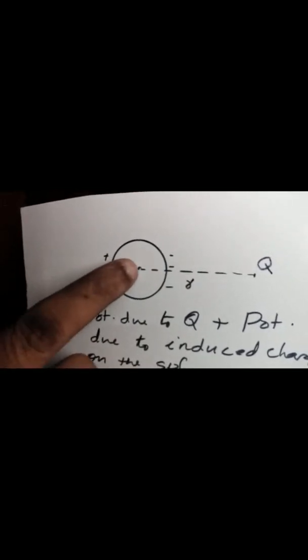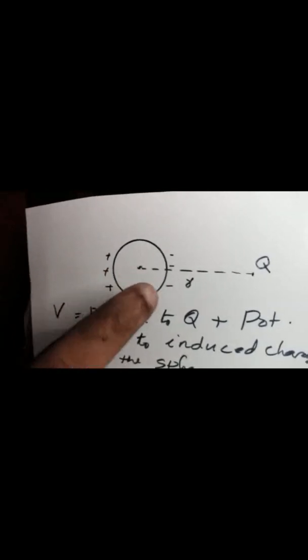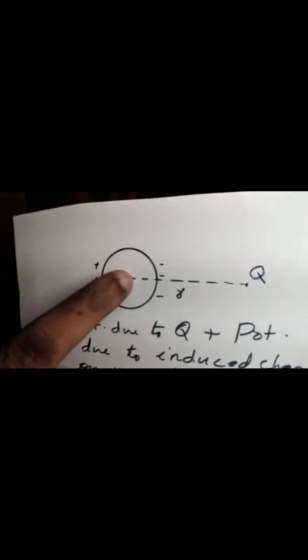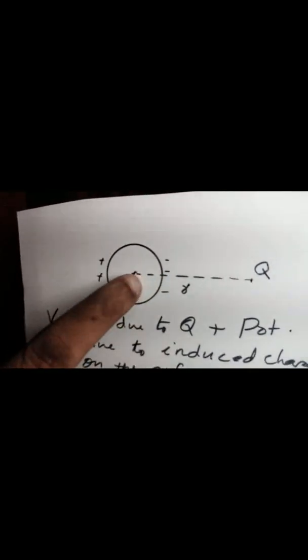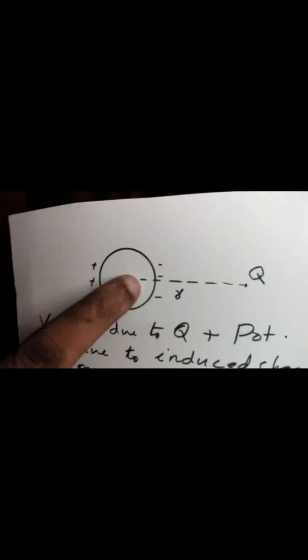So these two charges produce zero potential here, because the potential of this is plus here and the potential due to this is negative here. These two charges are at equal distance from this point, being the center. So the net potential due to the induced charges will be zero here.